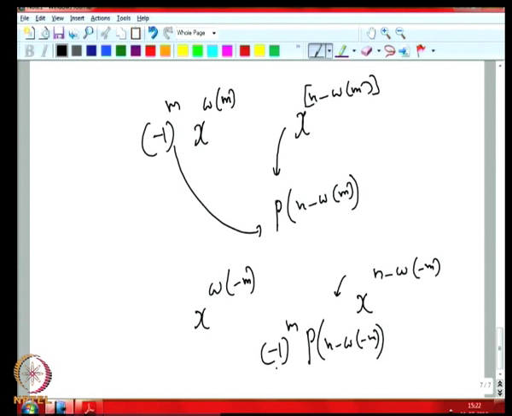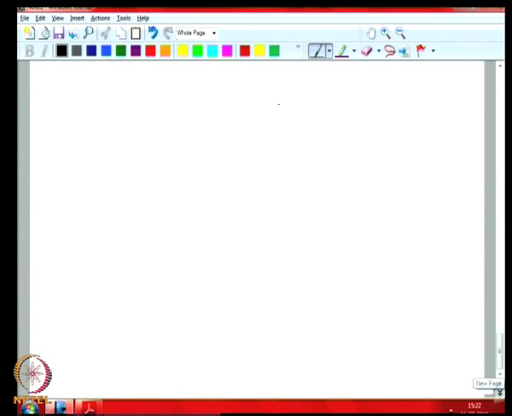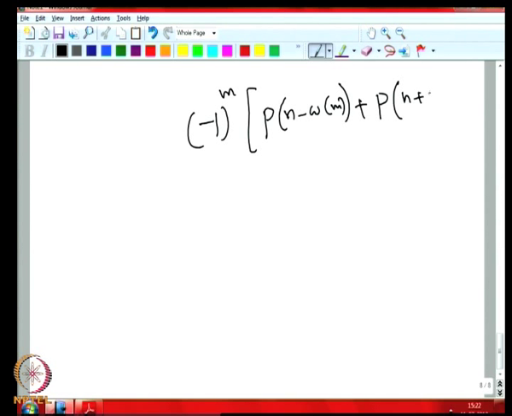So, therefore, for each m we will have two terms which contribute to the power of x raised to n on the other side, that is minus 1 raised to m into x raised to omega of m, and p of n minus omega of m, plus p of n minus omega of minus m.